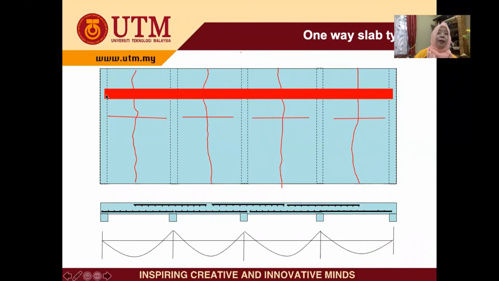Therefore, we cannot design it as simply supported, because this is a continuous slab. We take 1 meter width and design it as a continuous one-way slab like this. So we need to find the moment delivered by this 1 meter width continuous beam. Basically we have a diagram like this.